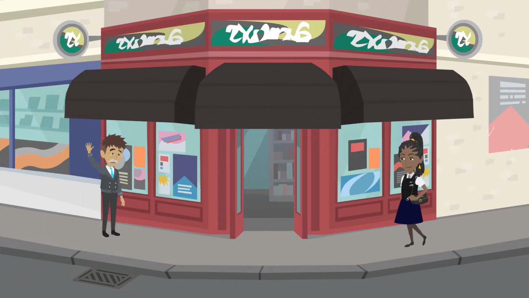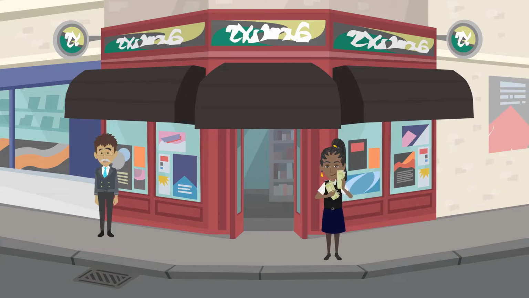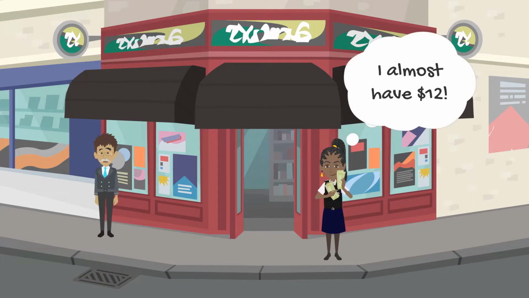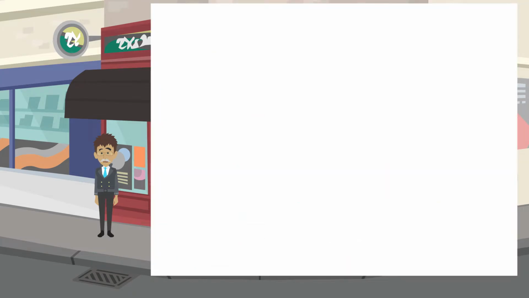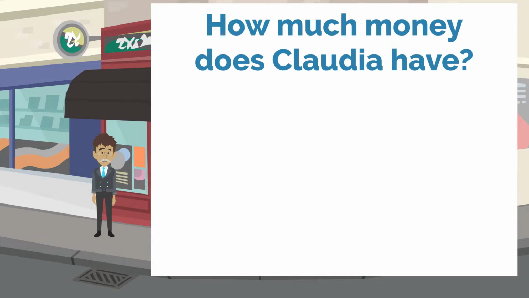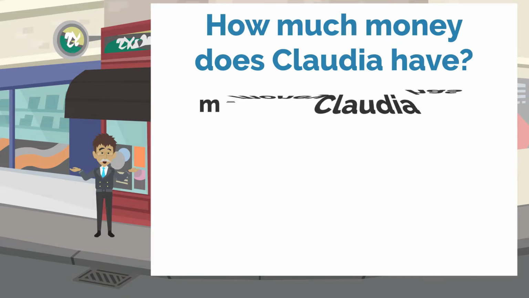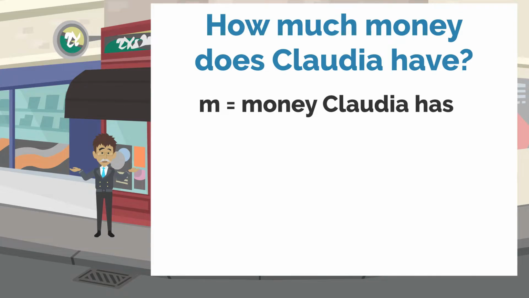Suppose Claudia has some money. She says if you give her $5, she will have $12. How much money does she have? Since we do not know how much money Claudia has, we will represent it with a variable. I will use the letter M to represent money.